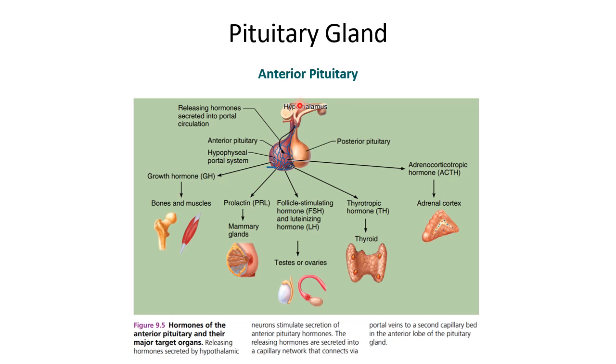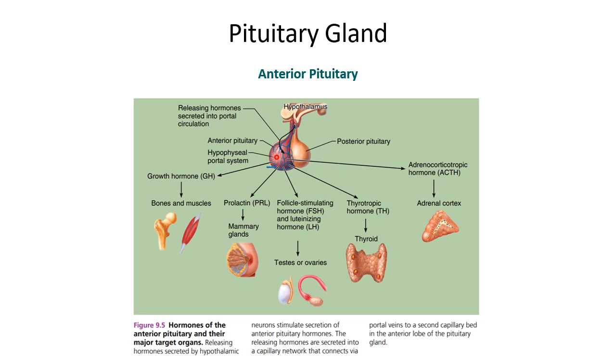So initially, the hypothalamus will secrete into the portal circulation the releasing hormones, and they will travel into the anterior pituitary gland to stimulate particular cells of the anterior pituitary gland to secrete the different stimulating hormones. So again, think of it this way. The hypothalamus secretes the releasing hormones and the pituitary secretes the stimulating hormones.